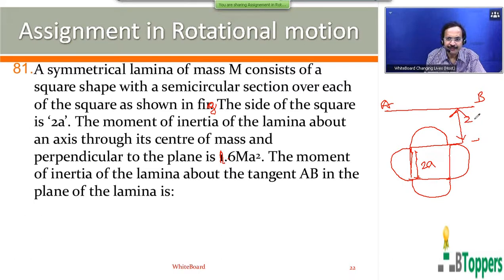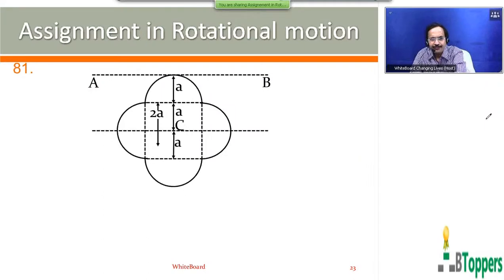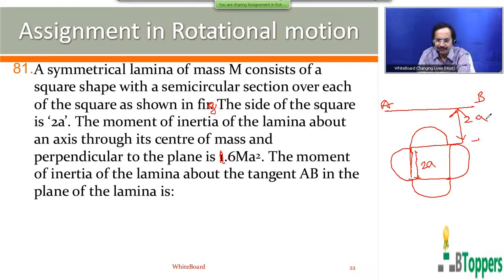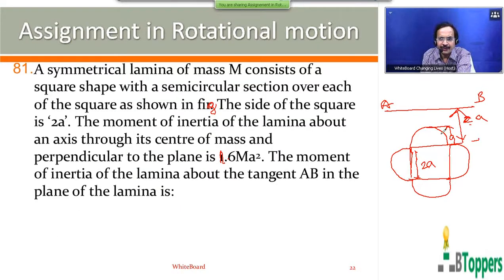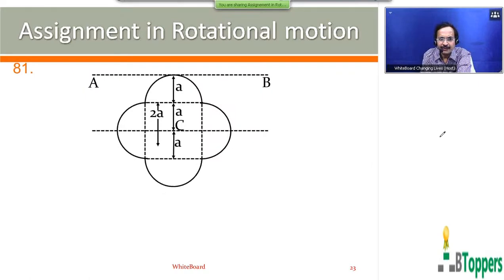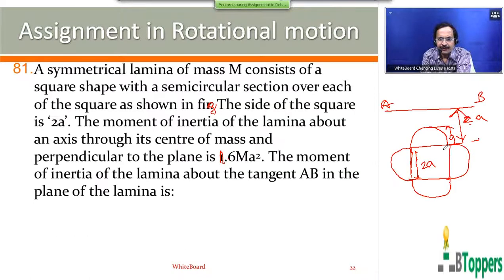This distance is given, I think 2a. I will show you in the next slide. This distance is a. This radius is a. I mean, this is 2a, that is. So I have shown the same way only. This is a. Then here, this is 2a.